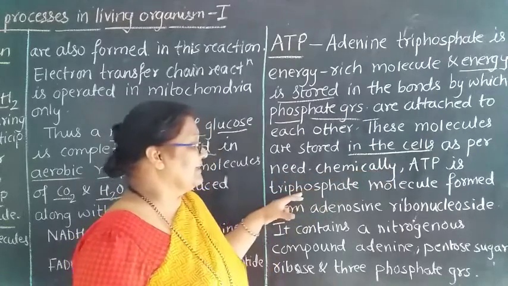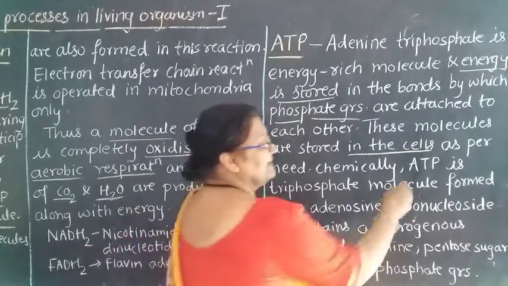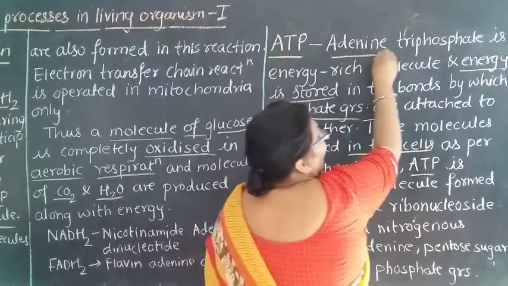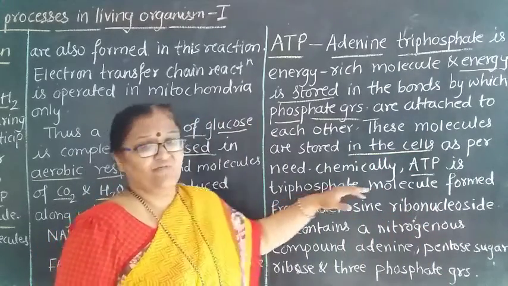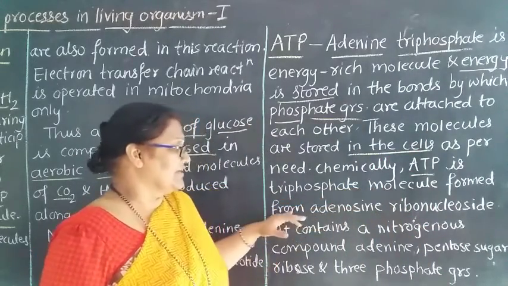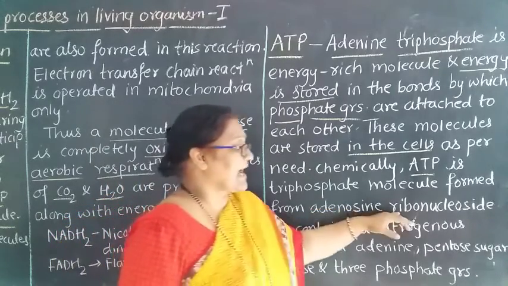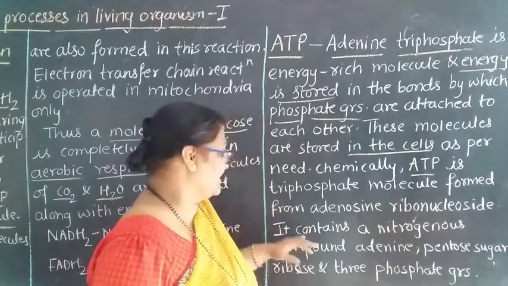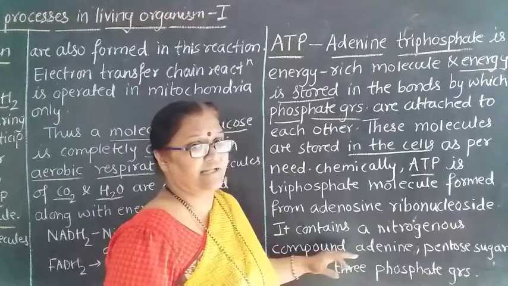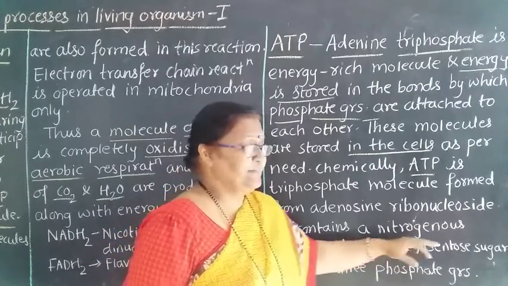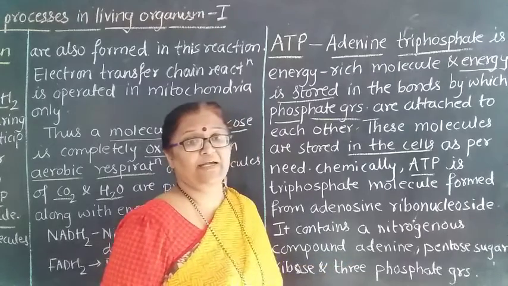Chemically, ATP is a triphosphate molecule formed from adenosine ribonucleoside. It contains a nitrogenous compound, adenine, the pentose sugar ribose, and 3 phosphate groups.